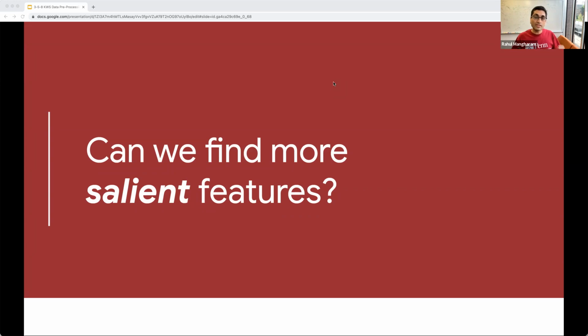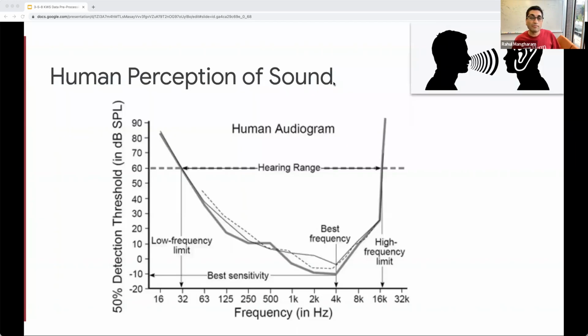This is often typical in machine learning, right? You're always iterating on the data and trying to extract more salient features. You're doing feature engineering. The answer is yes, of course. We can try to mimic how our ear is actually hearing the sound.